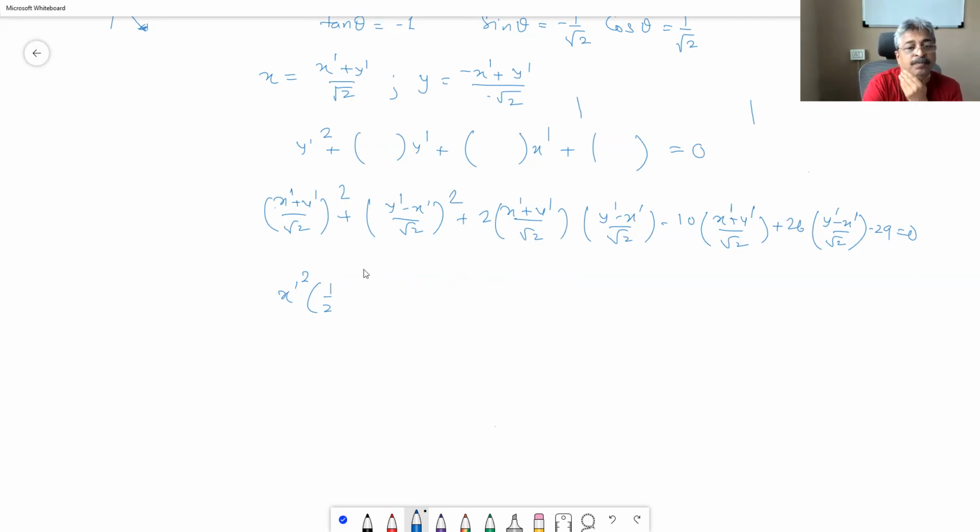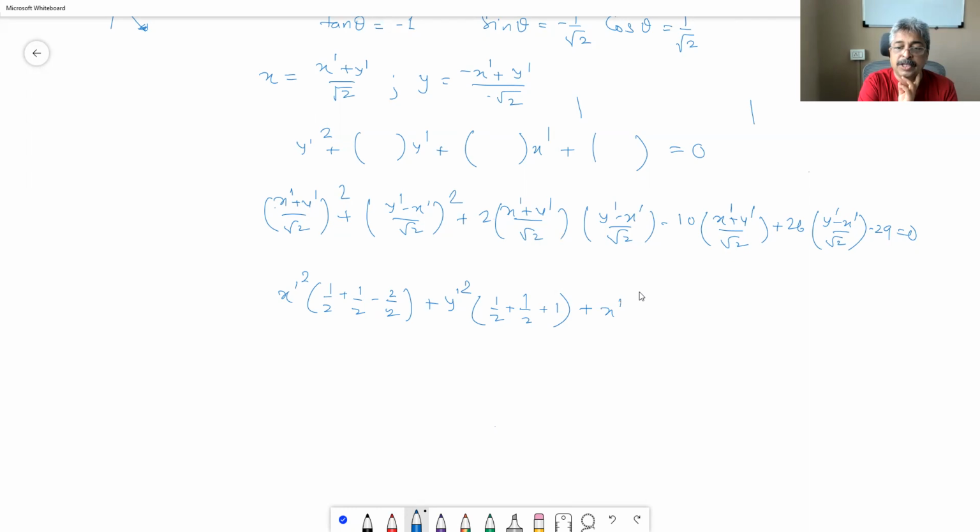So the x dash square coefficient is going to be 1 upon 2 minus 2 upon 2 plus 1 upon 2, which cancels. The y dash square coefficient is 1 upon 2 plus 1 upon 2 plus 1, that is 2 y dash square. The xy term is definitely going to get cancelled, so we need not worry.